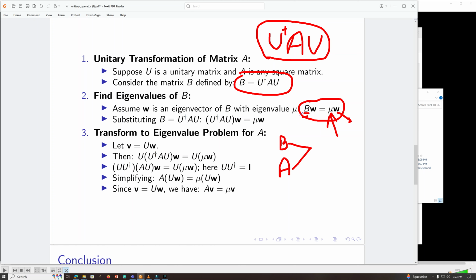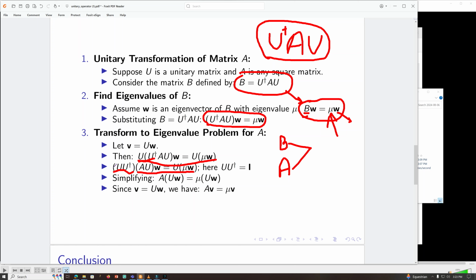So we can simply replace B with this expression to get this equation. And now let us multiply this equation by the unitary matrix U from the left side. We get this expression. If we separate the first two, U and U dagger, our expression will be something like this.